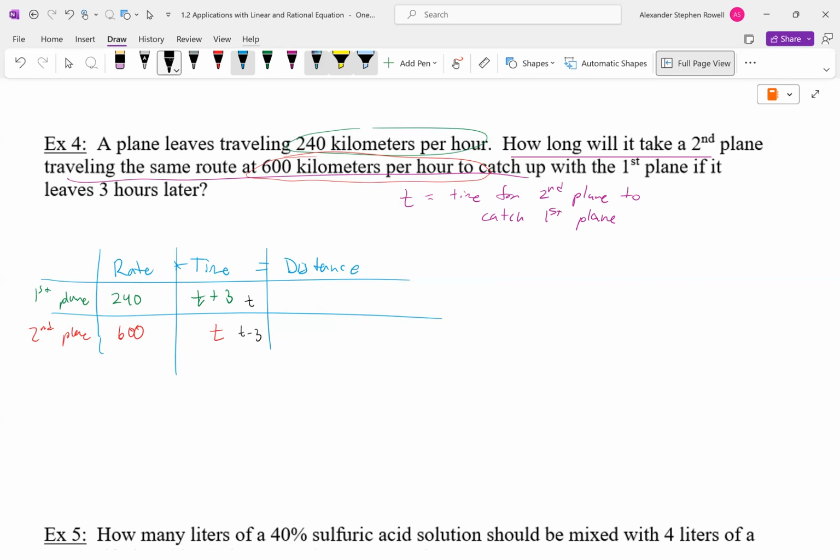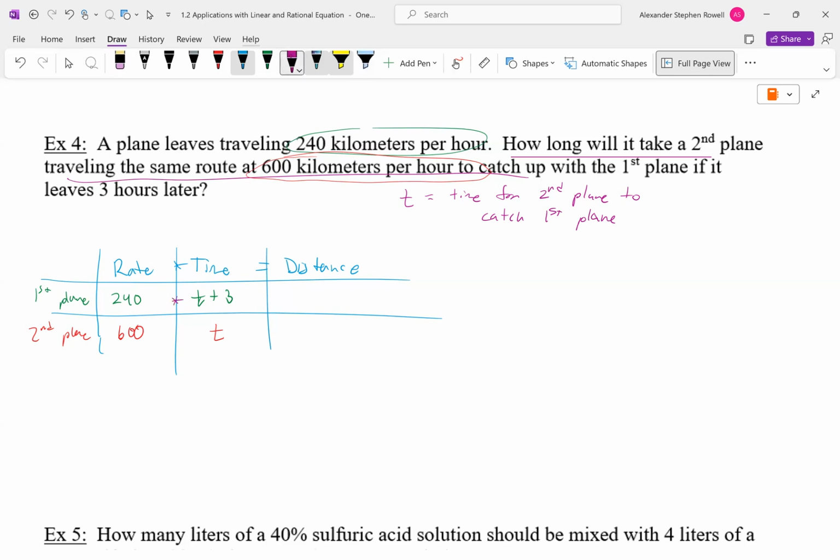As I have it, I'm solving for t, the time traveled by the second plane. Okay, so the pattern now that's familiar is you fill out the first two columns. Two of the things will be given, like rates. The other two, likely unknowns, so that we put variables there.